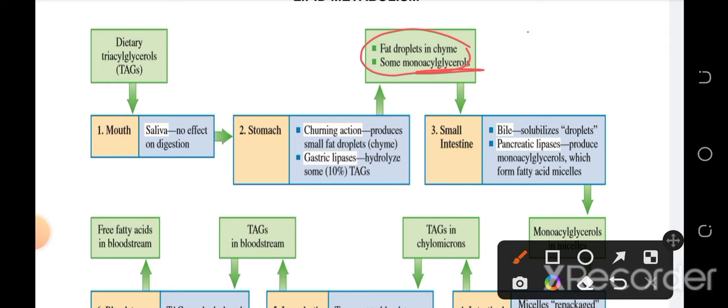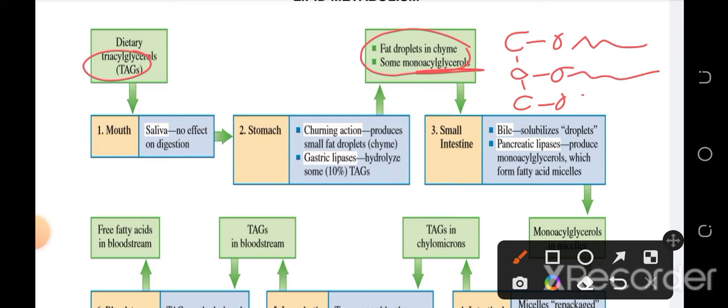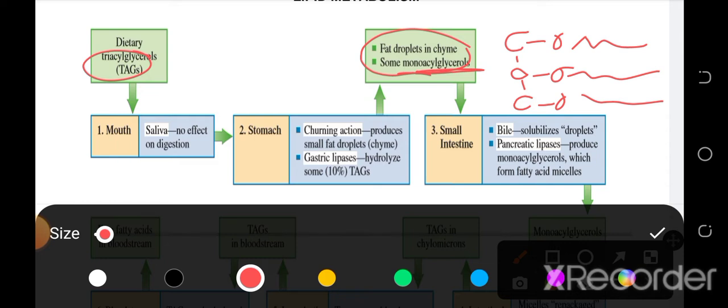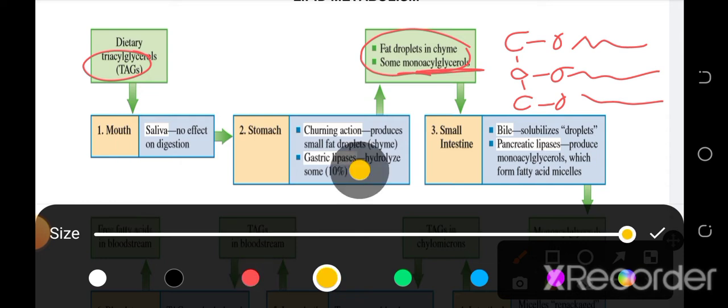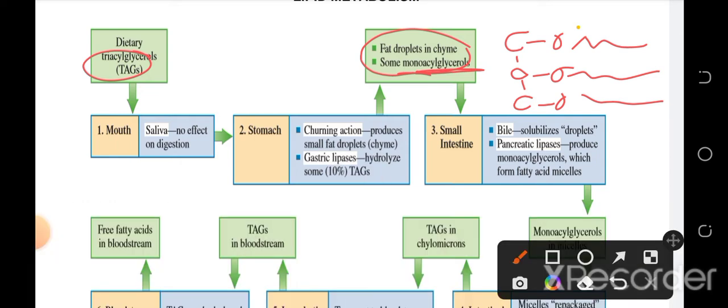Monoacyl, ibig sabihin, kasi di ba dito, triacyl. Pag sinabing triacyl, the glycerol will have three fatty acid na substituent. Pero pagdating kay monoacyl, dahil mabre-break ang ating attachment ng fatty acids, okay?